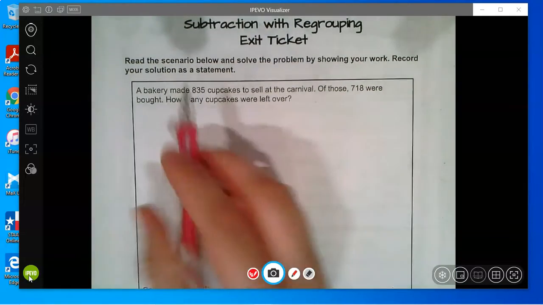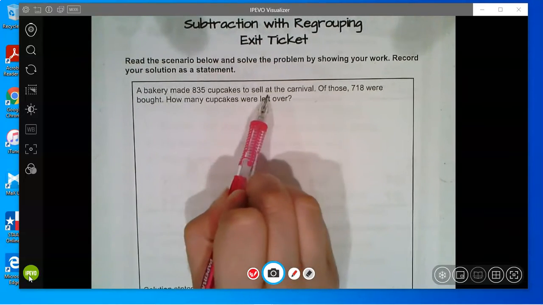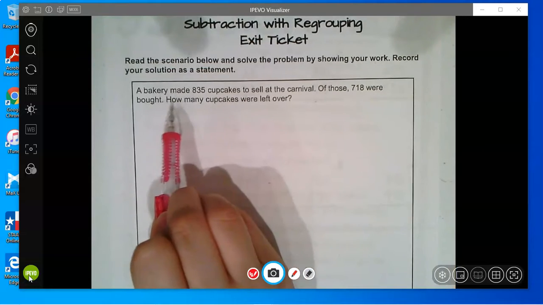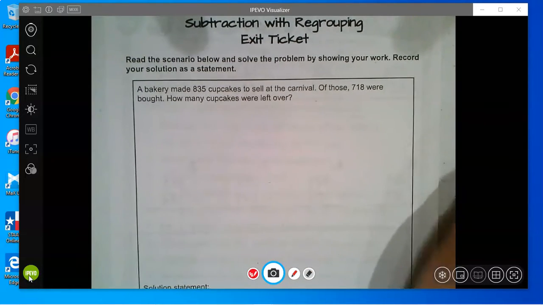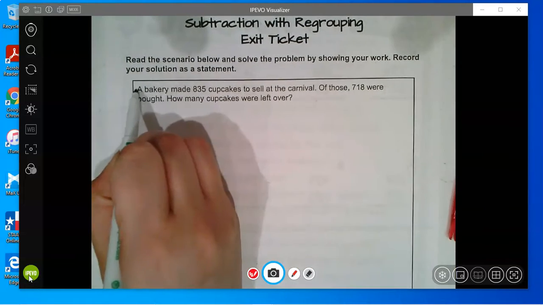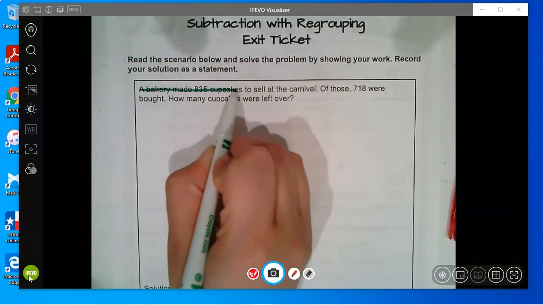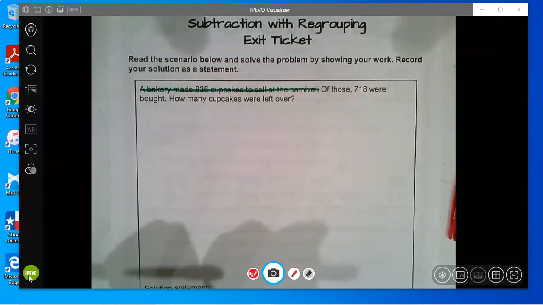All right, guys. So a bakery made 835 cupcakes to sell at the carnival. Of those, 718 were bought. How many cupcakes were left over? Okay, so I'm going to color code my sentence. I'm going to start with green. And I'm going to start at a bakery made 835 cupcakes to sell at the carnival.